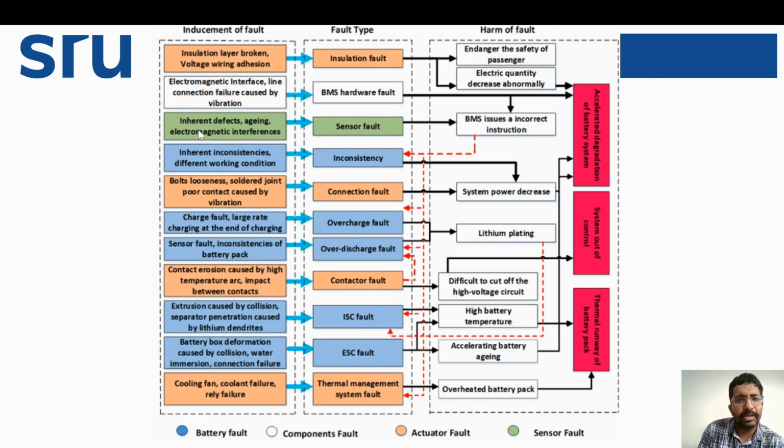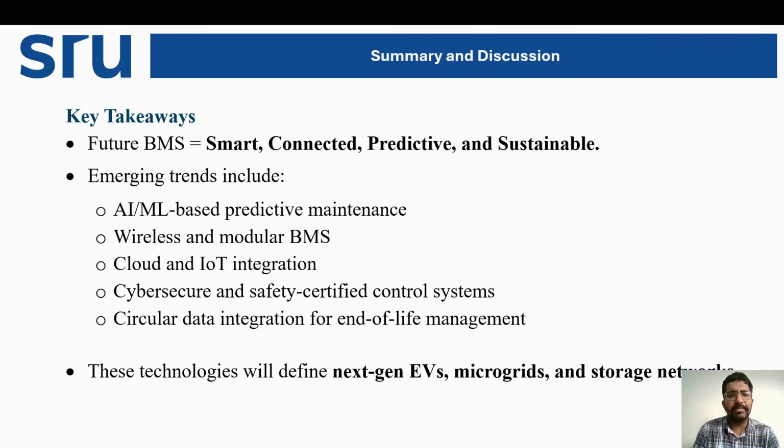Insulation layer broken, then inherent defects, aging, then inherent inconsistencies, different working conditions. So different things are there. We will not be going into the detail. So this is all about the emerging trends that we can have in futuristic BMS systems.